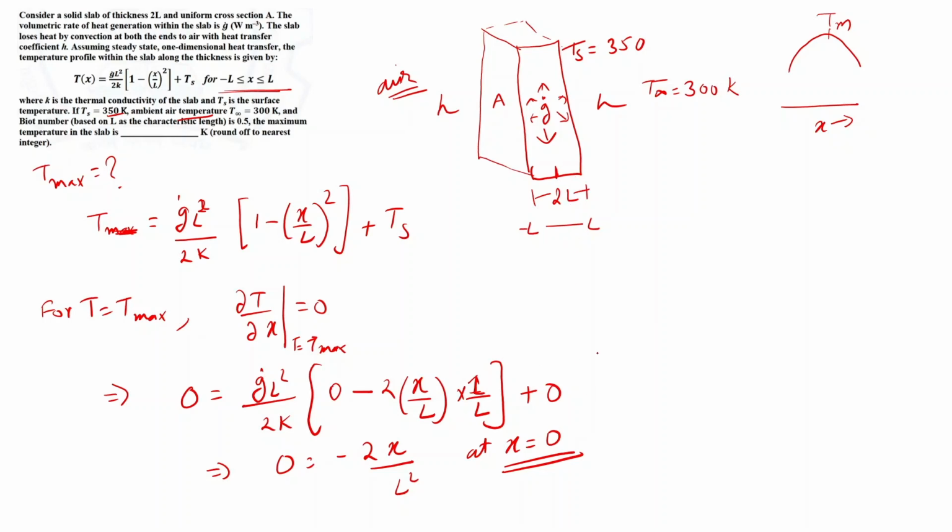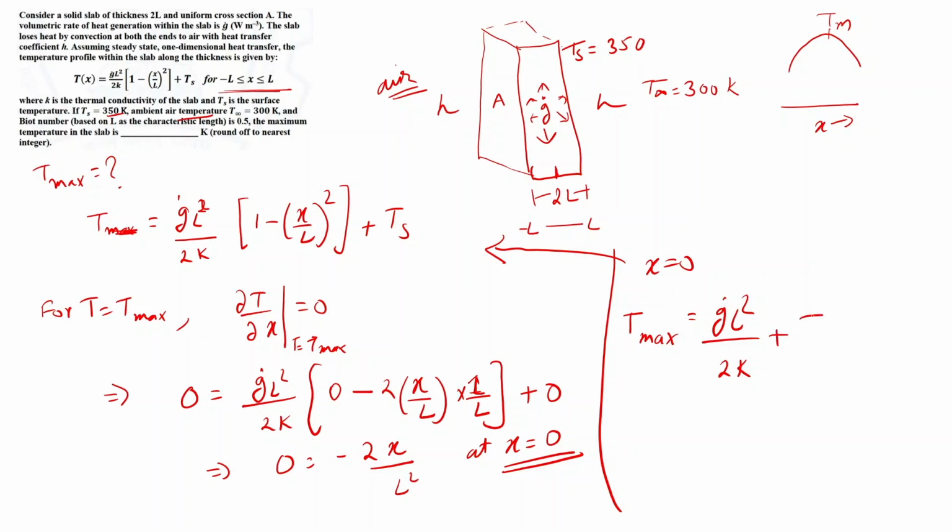Now if I have to find the maximum temperature, I will just put x equal to 0 in this equation, and we get T max equal to g dot L square upon 2k into 0 into 1, so this entire term becomes 0, and then we are left with the Ts term. So this is my maximum temperature that we have been asked to find.